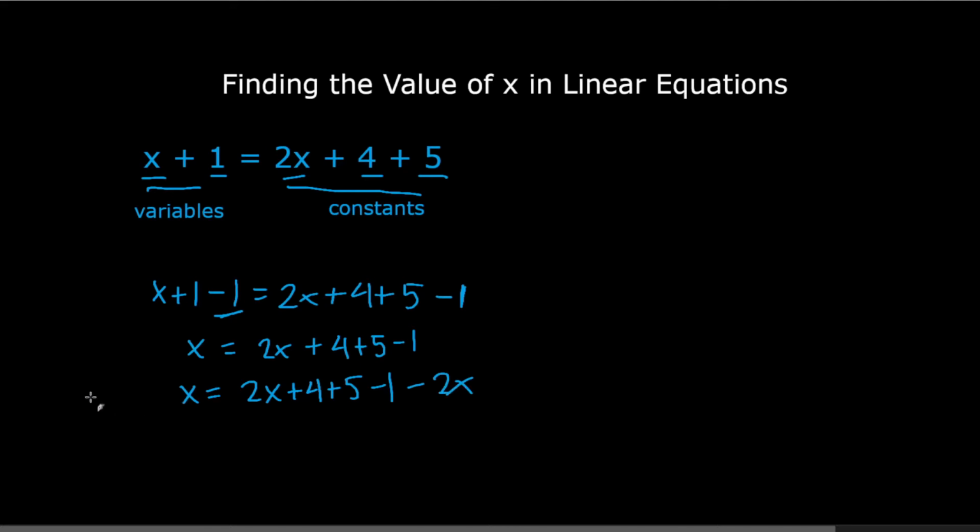So, magma-minus 2x din ako dito. Minus 2x. Okay. So, simplify ulit. So, since 2x minus 2x is just equal to 0, so magiging 4 plus 5 minus 1 na lang.